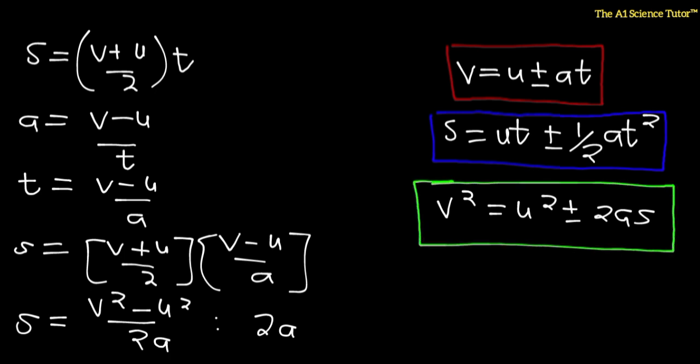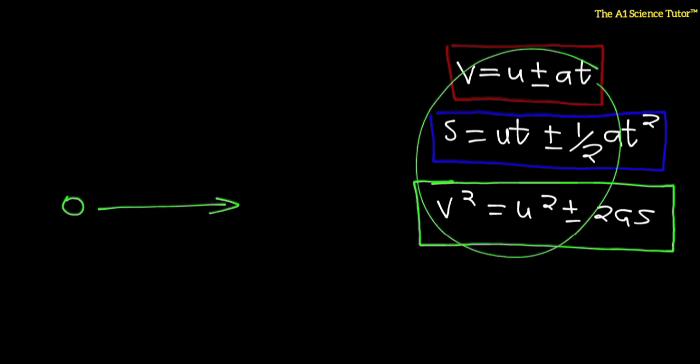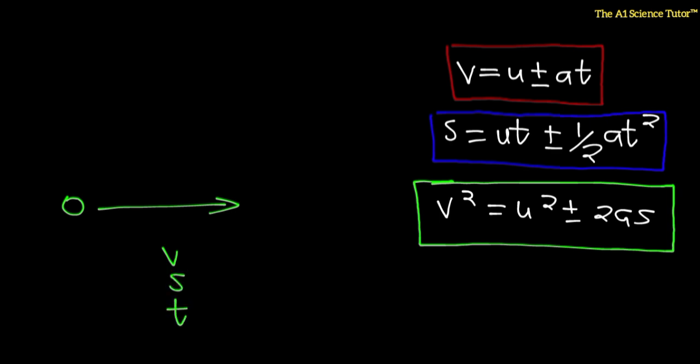Now, these equations are actually equations in a horizontal pattern. If you have a body moving in a horizontal direction, then you would use these formulas to find out the velocity, or the distance, or I should rather say displacement, or the time, and also the acceleration with which this motion is being carried out.